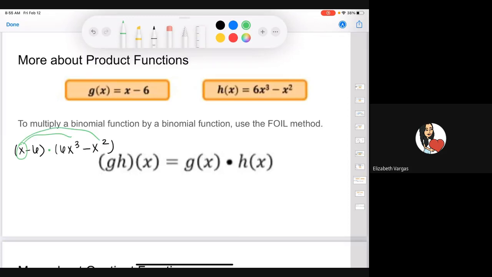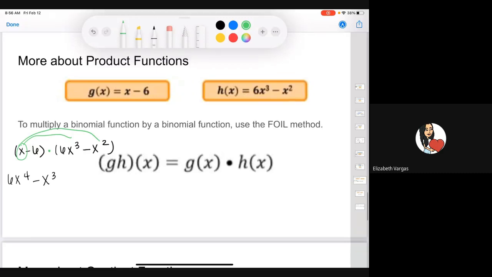the first terms. Okay. That gives me 6x to the 4th minus x cubed. And again, how do I know that? Well, think of an imaginary exponent of 1 there. So x to the 1 times 6x cubed.